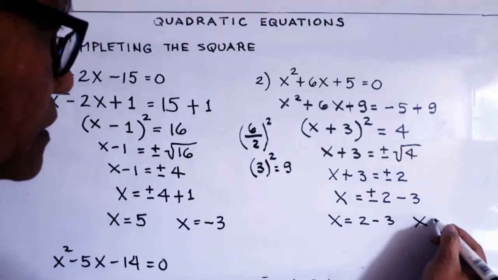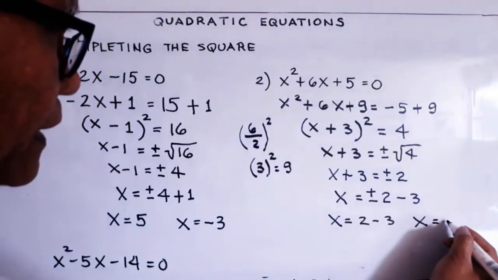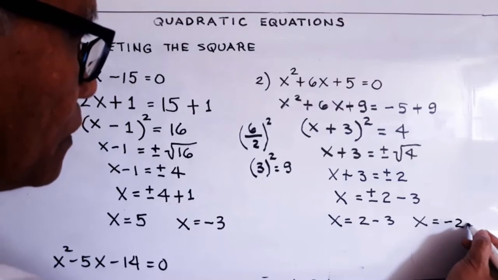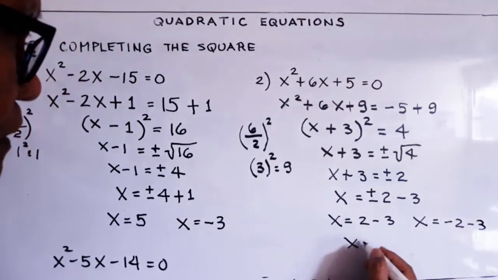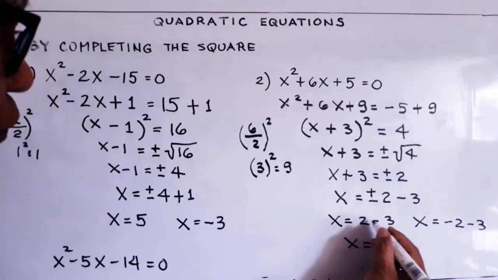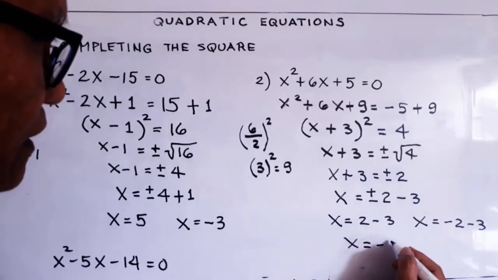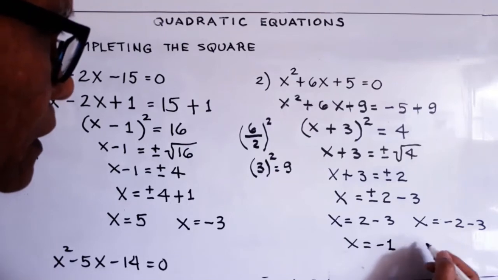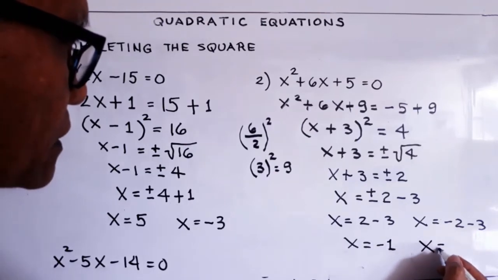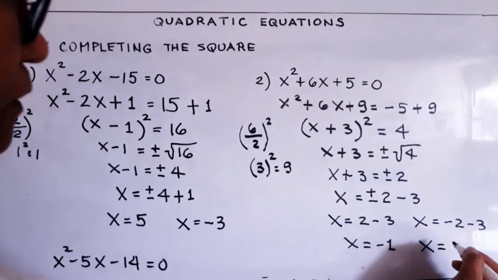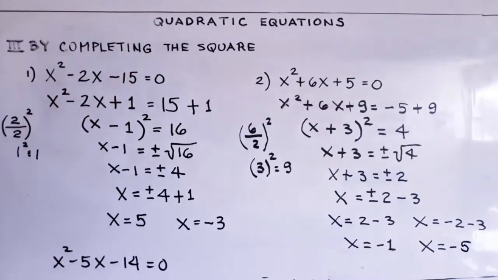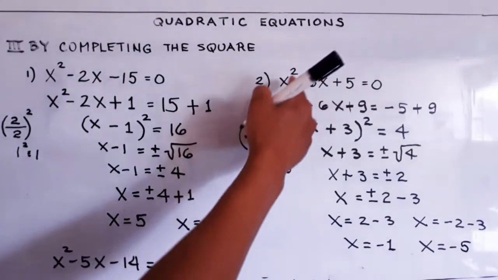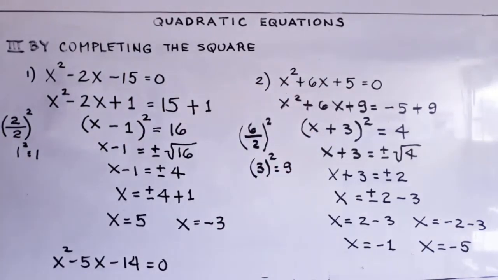And on the other side is equal to negative 2 minus 3. So you have what is your x here? 2 minus 3 is negative 1. And the x there is negative 2 minus 3 is negative 5. So we have 2 solutions for this equation, and that is negative 1 and negative 5.